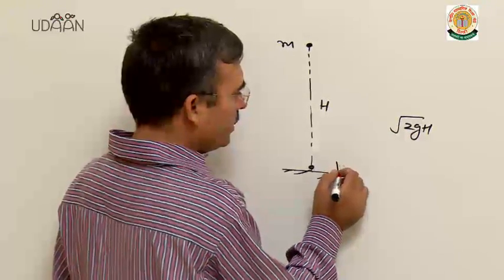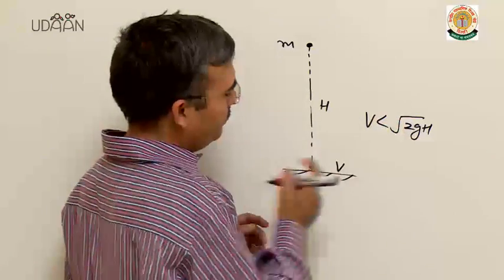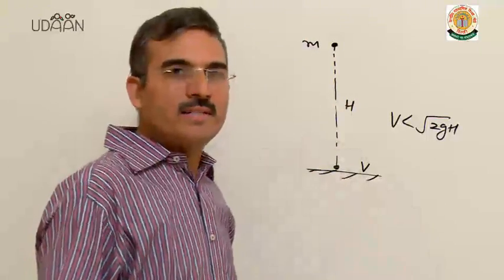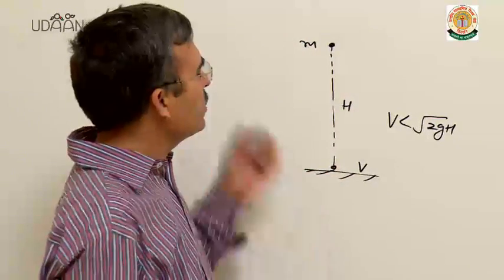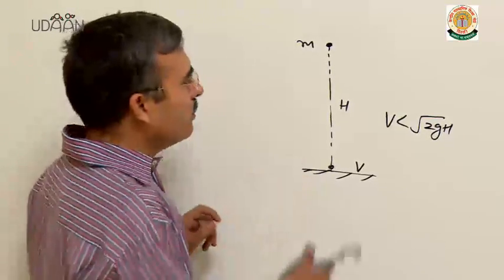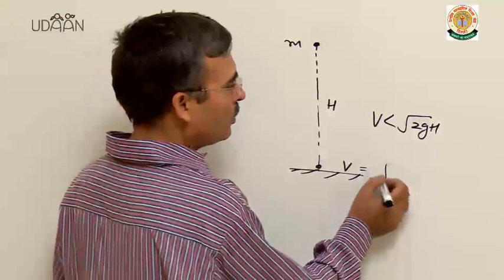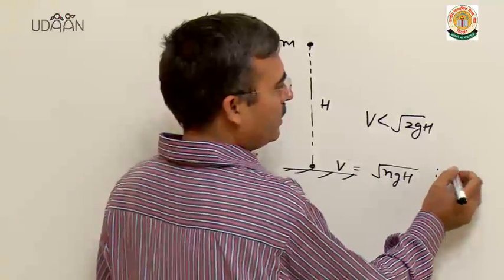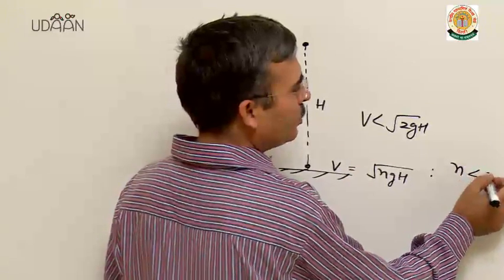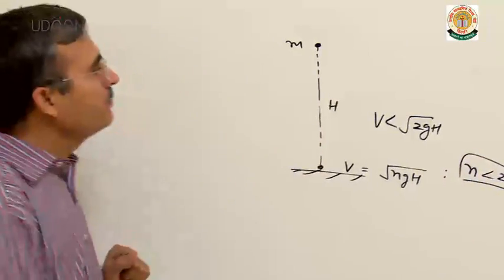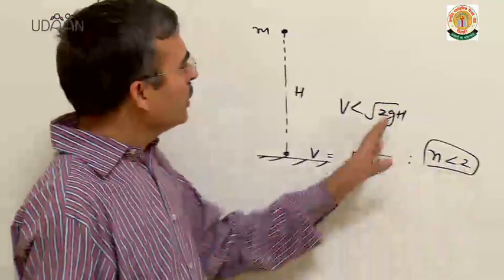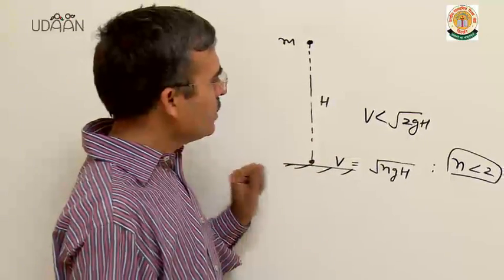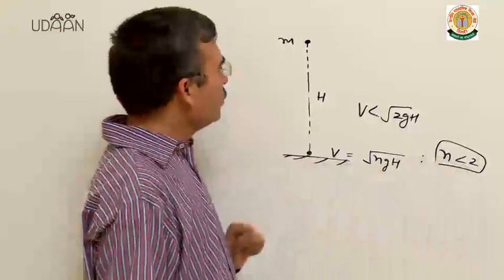मान लीजिए ये स्पीड इससे कम है, तो क्यों हो गई कम? ये नेगेटिव वर्क इज डन बाय समथिंग एल्स. हु इज डूइंग नेगेटिव वर्क? एयर रेजिस्टेंस इज डूइंग नेगेटिव वर्क हियर. तो मान लीजिए ये स्पीड है रूट ऑफ एन जी एच. यहां पर एन की वैल्यू लेस देन 2 है मान लीजिए. ठीक है, अगर एन की वैल्यू 2 होगी तो नो लॉस ऑफ एनर्जी, नो एयर रेजिस्टेंस. नाउ एन इज लेस देन 2 here.